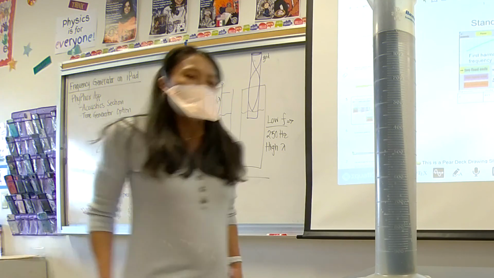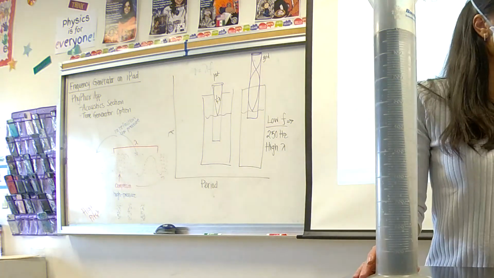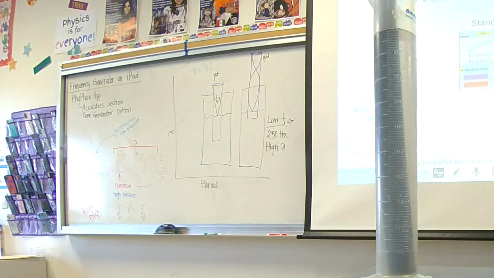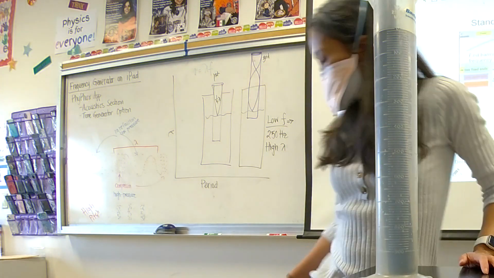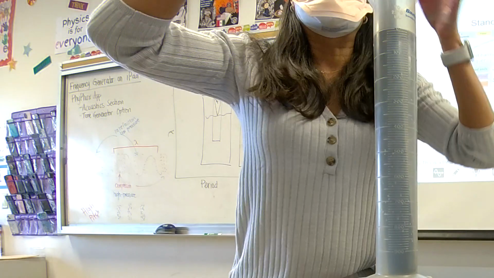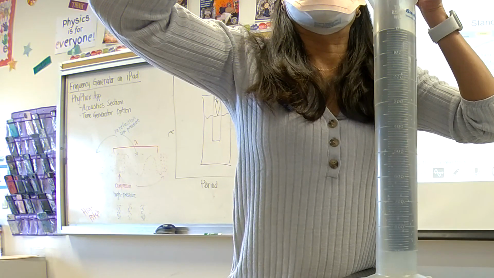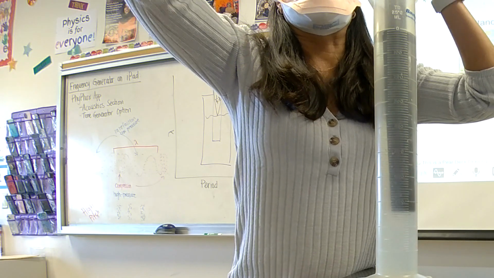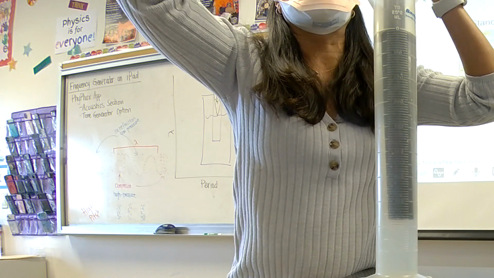So, what I want to demonstrate is what this frequency sounds like. Let me see if I can find a good tuning fork first. It's easier to hear at high frequency, so see if you can hear it. Even from there, you might be able to hear it. Do you hear where it kind of increases in sound?